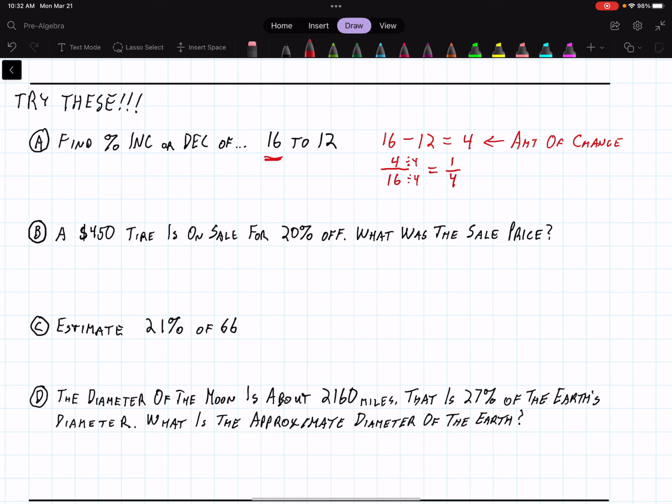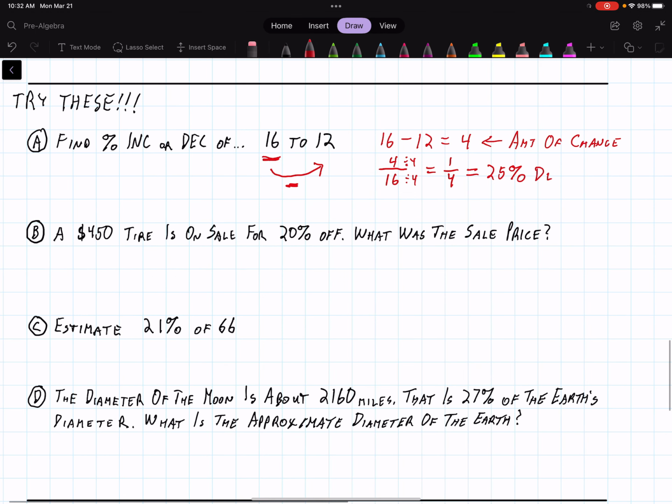So I then change that over to a percent, which I know from the common fractions, that 1/4 is 25%. And now, is this an increase or a decrease? We went from 16 to 12. We had to get smaller, so that's a decrease. And we write that here.